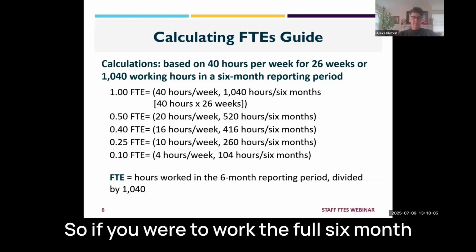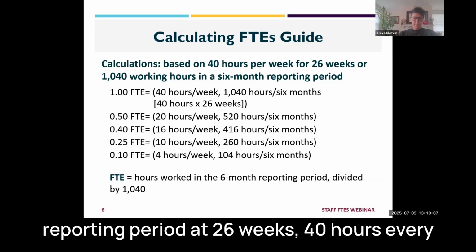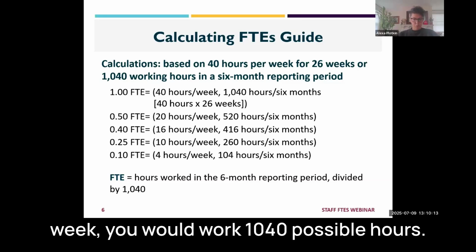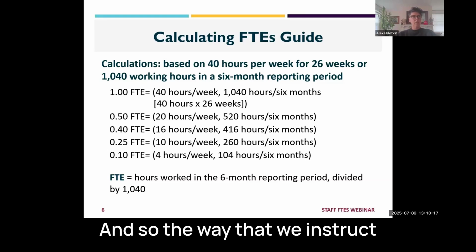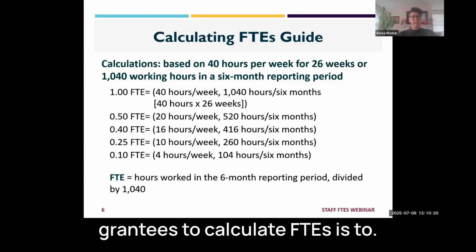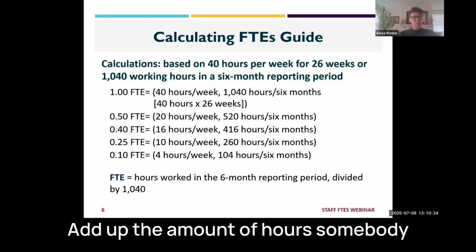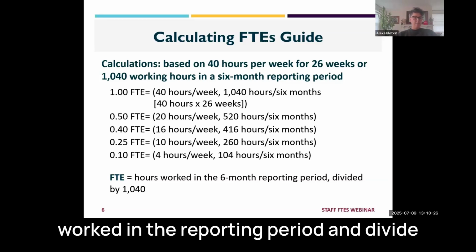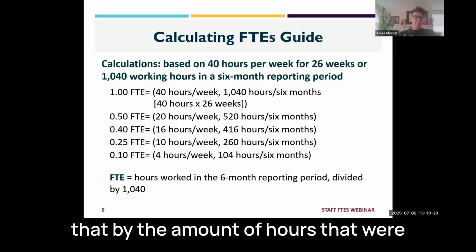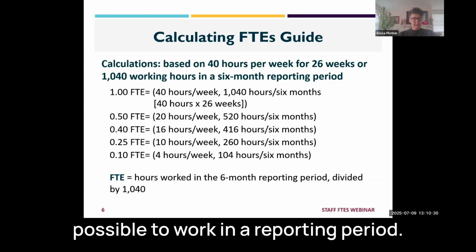So if you were to work the full 6-month reporting period at 26 weeks, 40 hours every week, you would work 1,040 possible hours. And so the way that we instruct grantees to calculate FTEs is to add up the amount of hours somebody worked in the reporting period and divide that by the amount of hours that were possible to work in a reporting period.